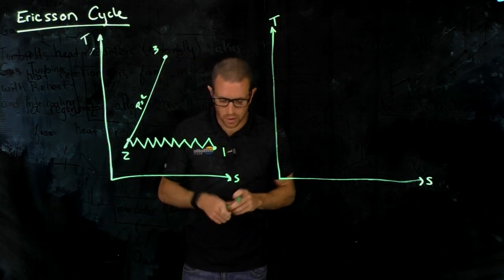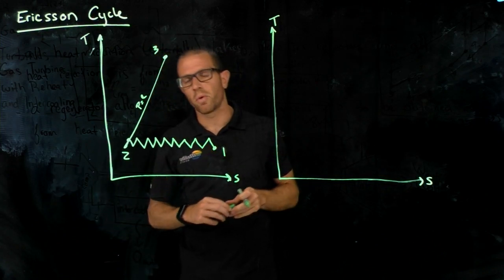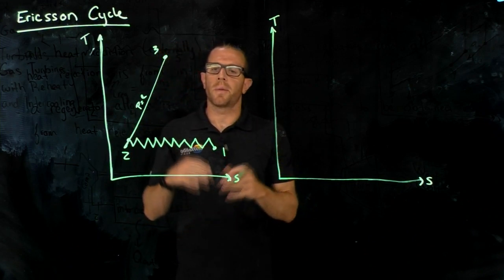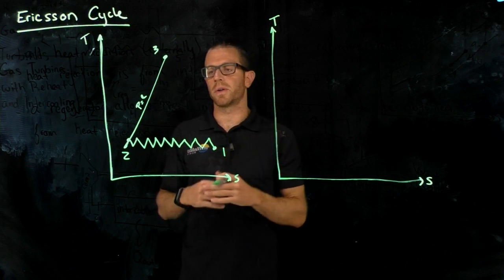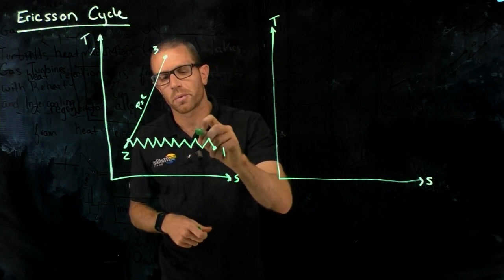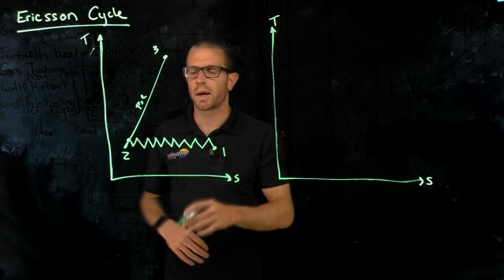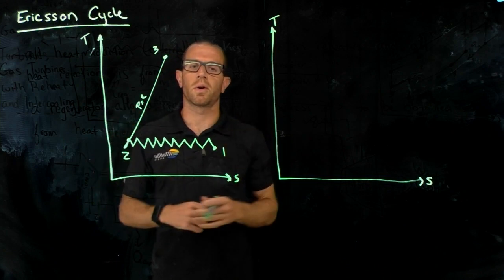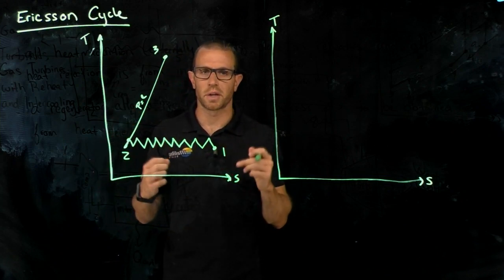So remember the last bullet point we had before, that all of the heat input from 2 to 3 comes from the heat rejection from 4 to 1. So you can imagine we go through a compressor, intercooler, compressor, intercooler, so forth, many times. Then we go through a regenerator, and then we can start our turbine stages.